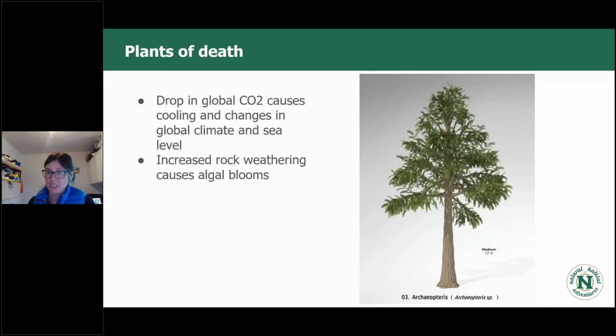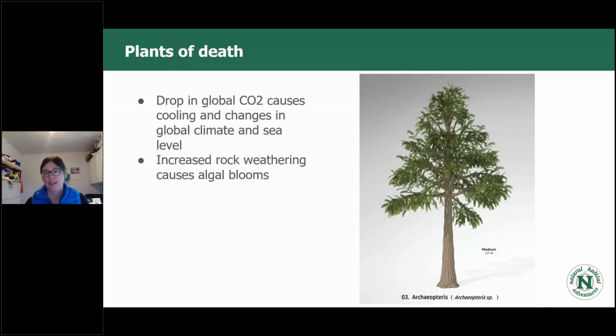The other thing plants are good at, once they evolve roots and develop those fungal symbioses that allow them to absorb more, is that they actually cause weathering of rocks. Weathering is not the same as the physical breakdown of rocks. We're talking here about the chemical breakdown of rocks.